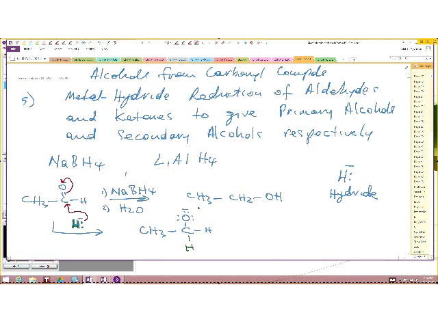And then, once we get this intermediate here, you now add the dilute acid. What the dilute acid does is that this alkoxide, this negatively charged oxygen, comes in to pull off this proton from the dilute acid.